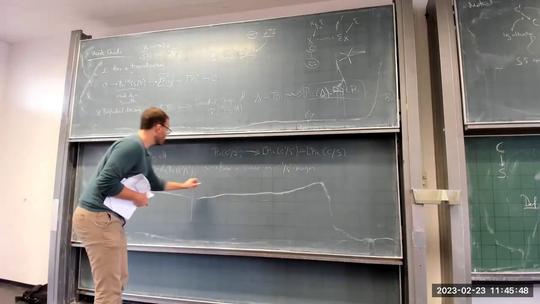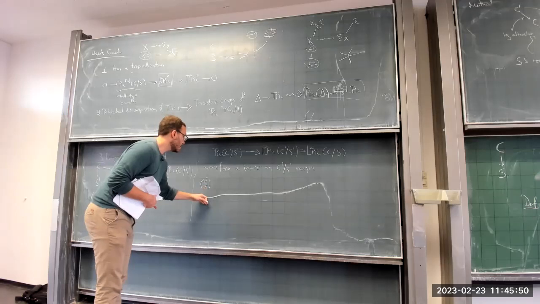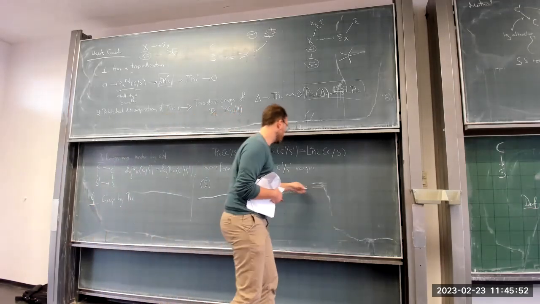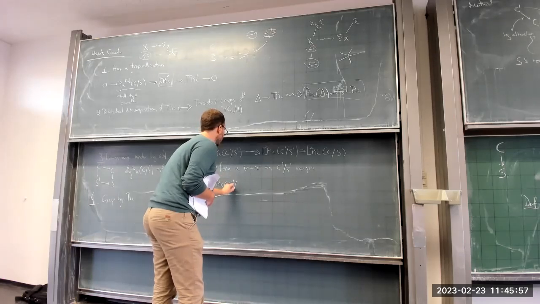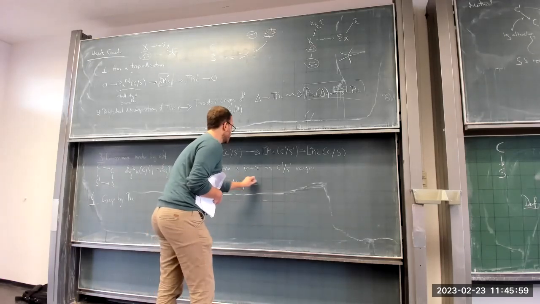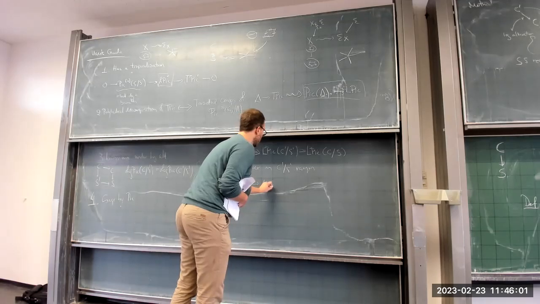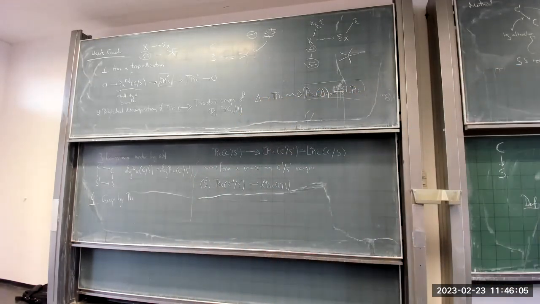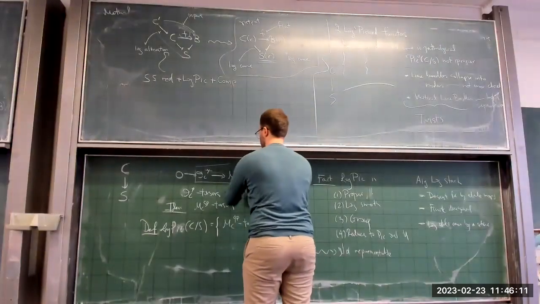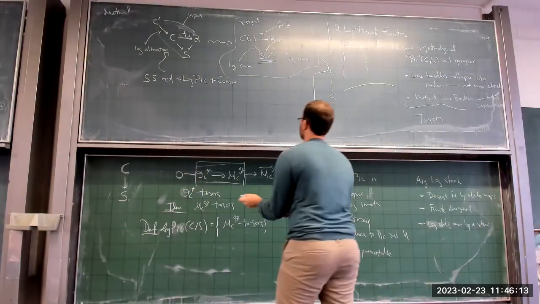Okay, and the fifth point is: what is the kernel of this map Pic from C prime to S prime to log Pic? Well, you have to look at this exact sequence here.